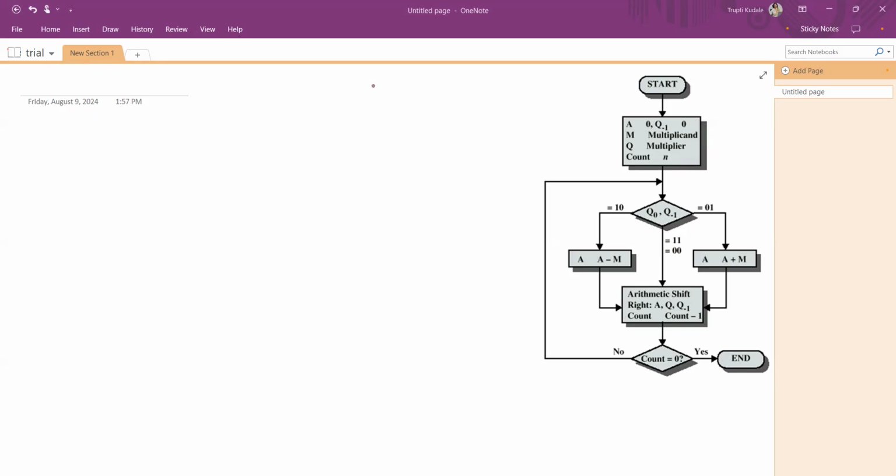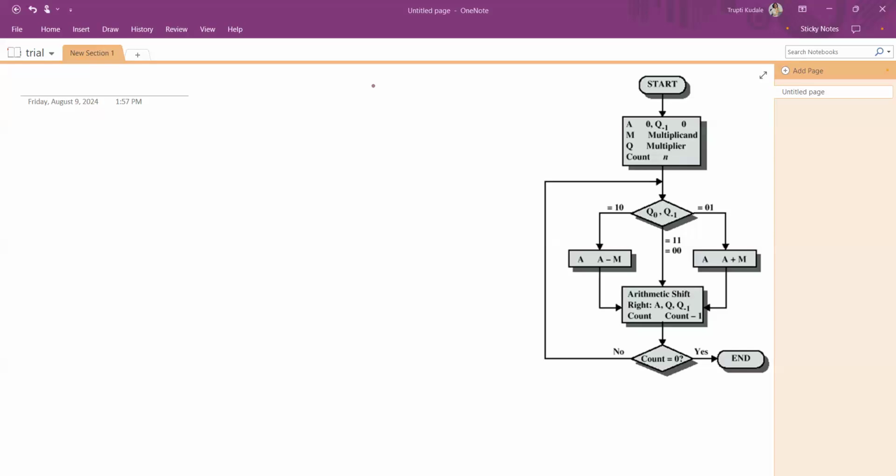So we are going to use an algorithm named Booth's algorithm, which was specifically proposed for signed binary multiplication. It can be used for both signed and unsigned binary multiplication, but mainly it was proposed and produces more accurate results with simple steps for signed multiplication.